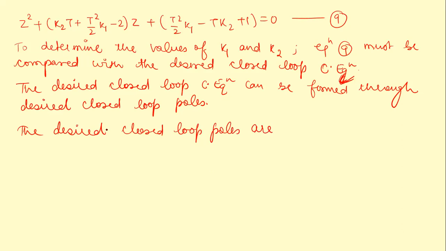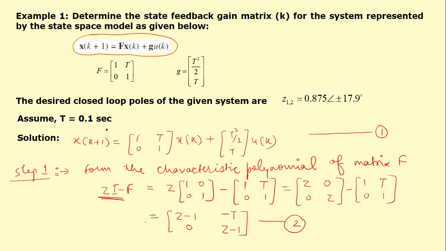What are the desired closed loop poles? The desired closed loop poles are z1 and z2 is equal to this.